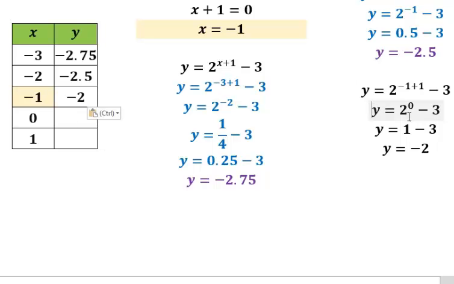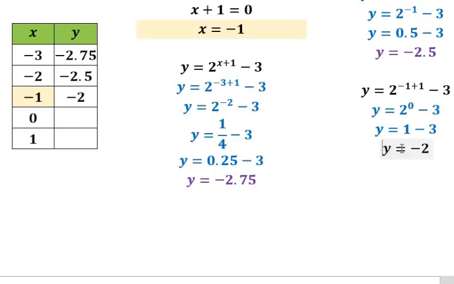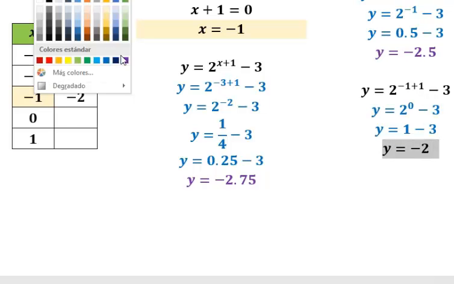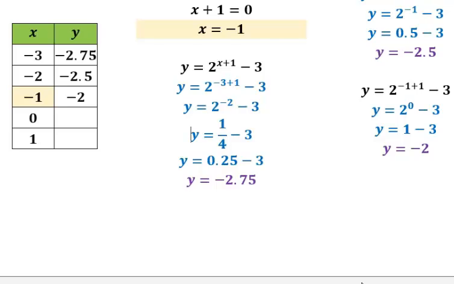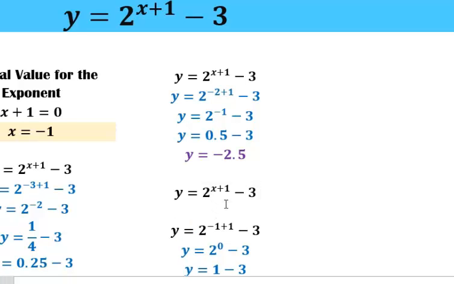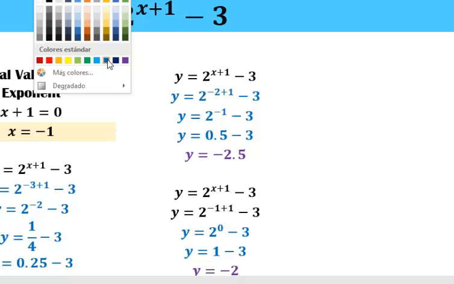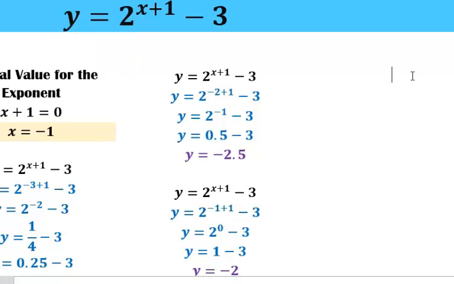The next number that we're going to use is 0. I have to put the formula always. The numbers that sometimes give us problems are the negatives.